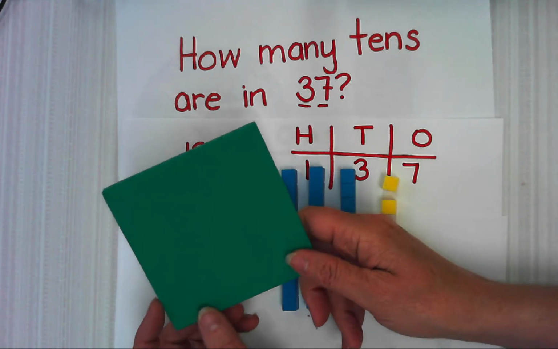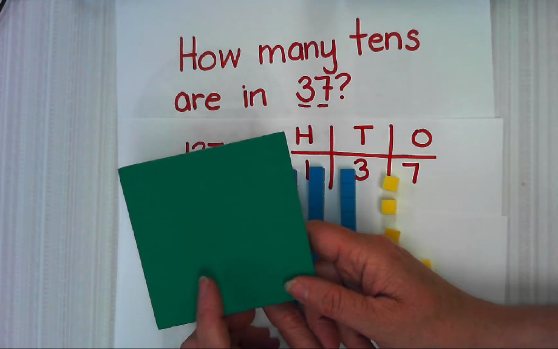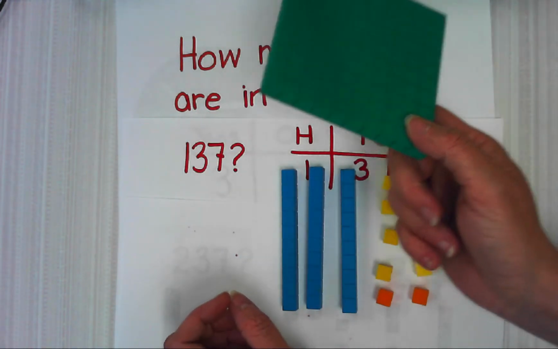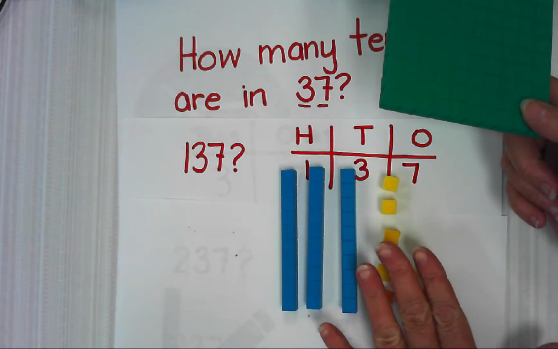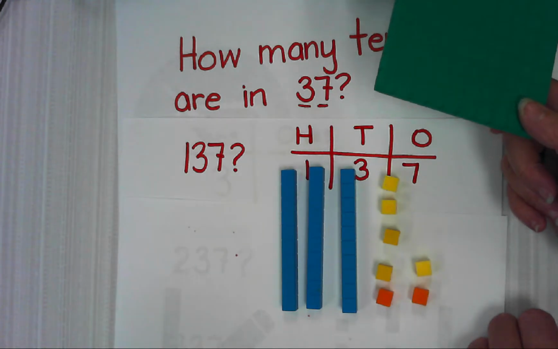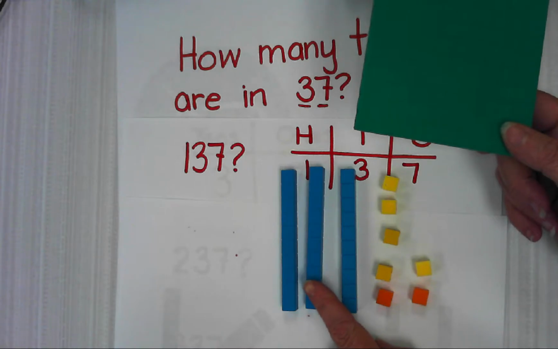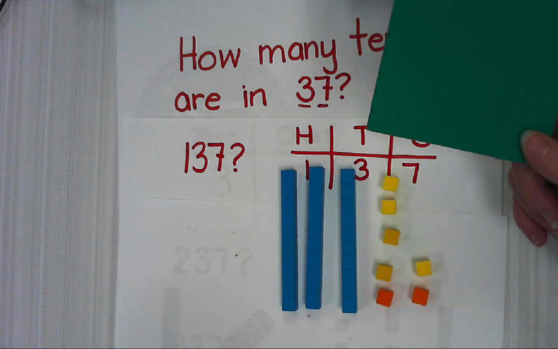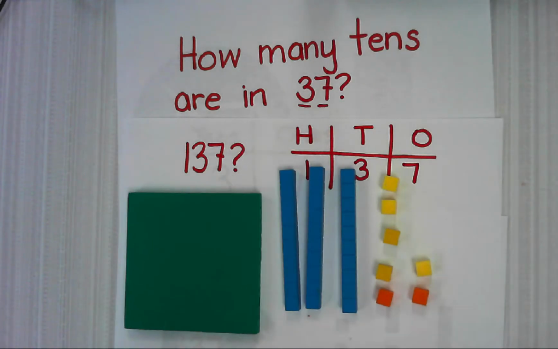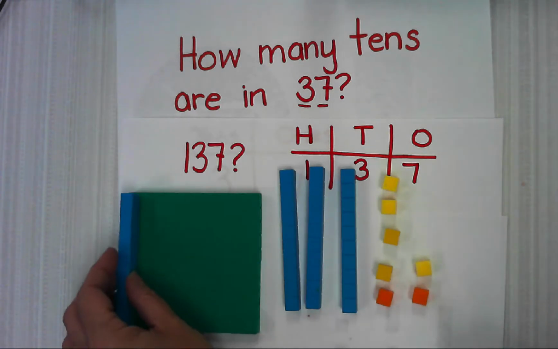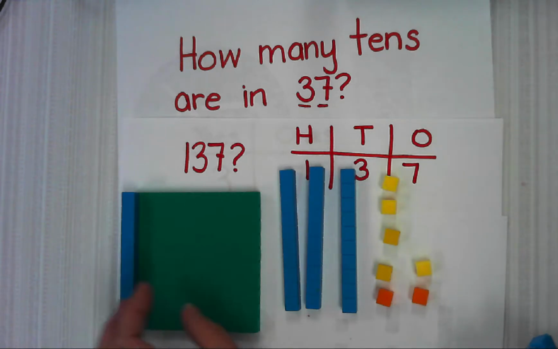We're going to have to regroup. We're going to trade this 100 for, we could trade it for tens or we could trade it for ones. We're going to trade it for tens. It would take us forever to count all those ones. So if I'm going to trade this for tens, I'm going to lay these right on top so I can make sure it's exactly equal.